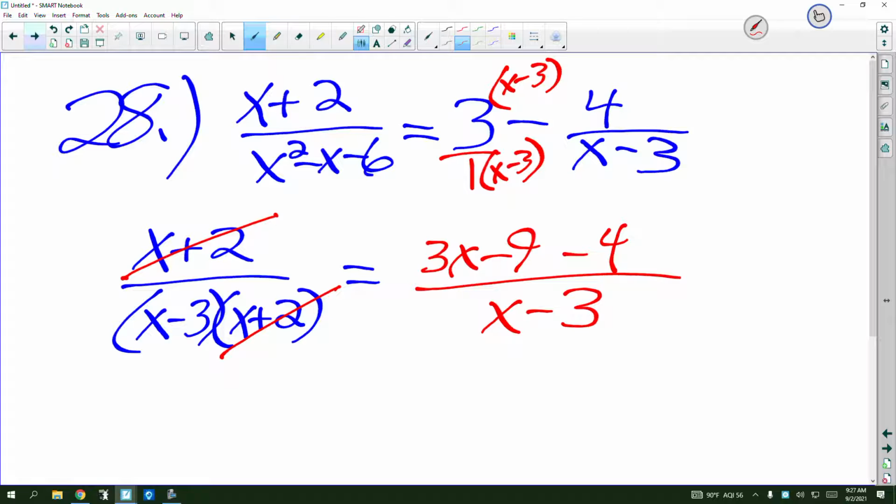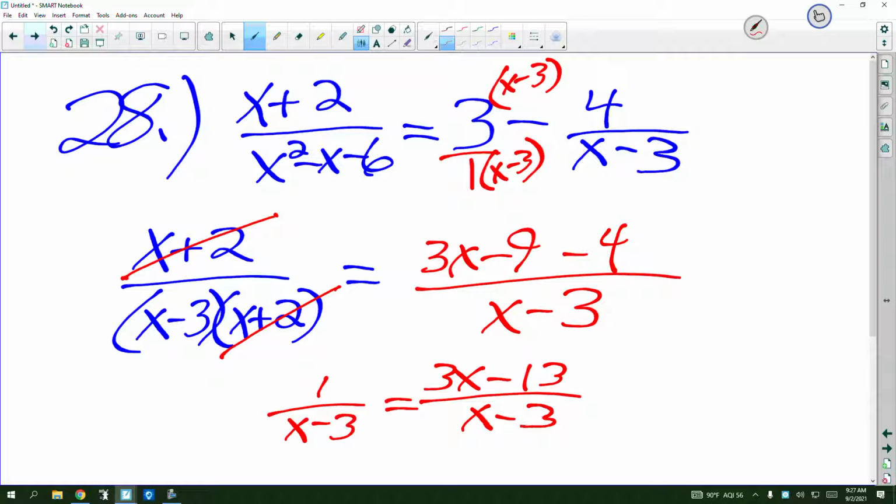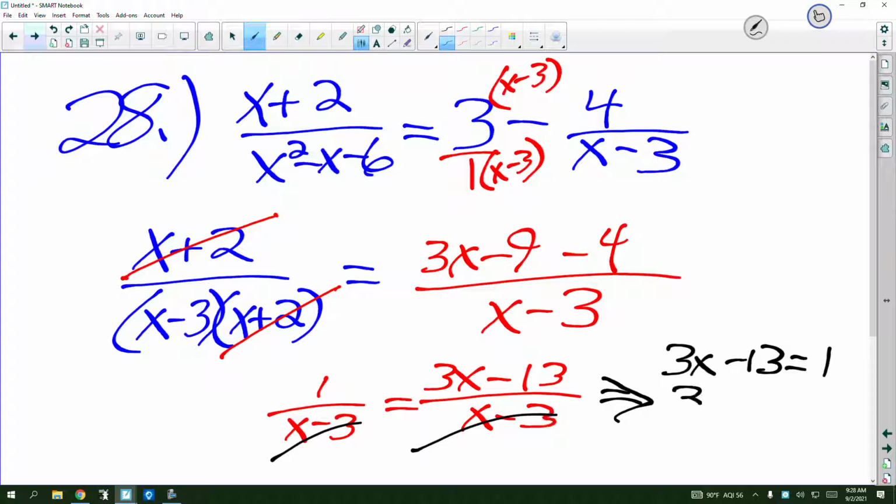So 1 over x minus 3 equals 3x minus 13 over x minus 3. What do you think I can do to the x minus 3s? Mark them off. Whoosh, whoosh. 3x minus 13 equals 1. Oh, wow. Thanks a lot for this answer.